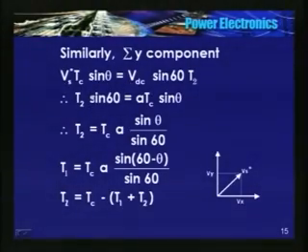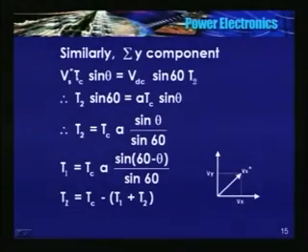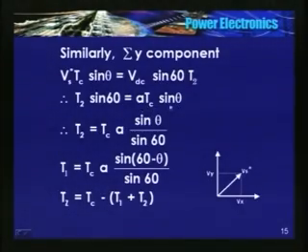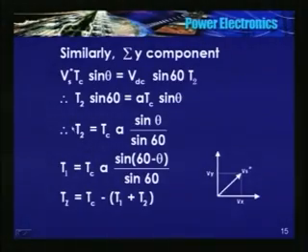So T2 sin 60 is equal to Vs star divided by Vdc into Tc into sin theta. So I call Vs star by Vdc as A. So T2 sin 60 is equal to A into Tc into sin theta. So from this equation, T2 is equal to Tc into A into sin theta divided by sin 60.